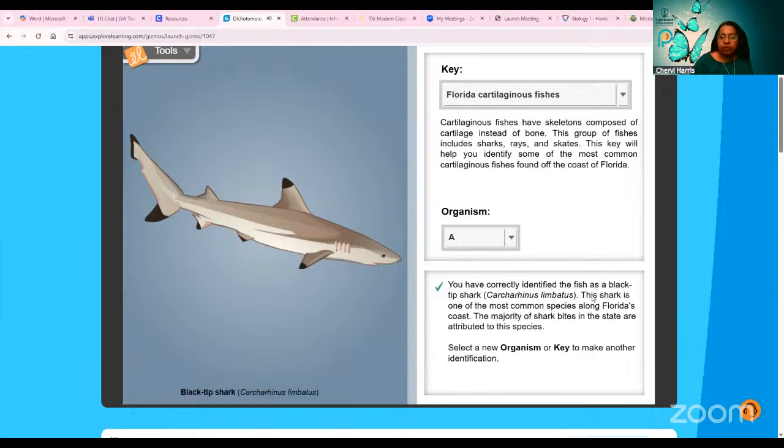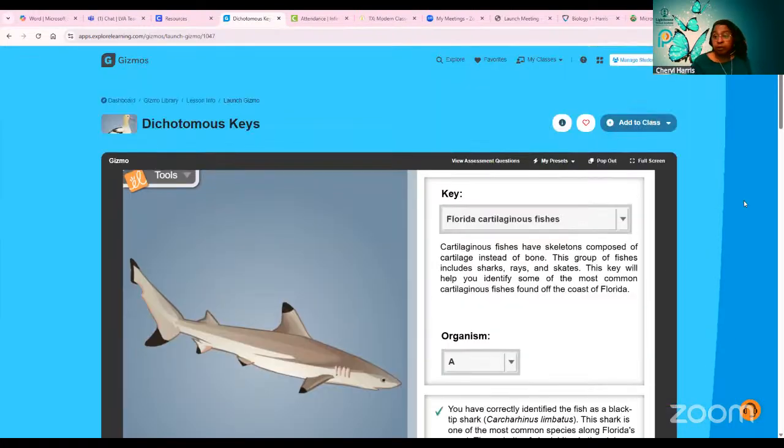Okay, so if you were doing this one on your worksheet, it would have been the dorsal, the line choice A, and then you would have the name of the fish. You're just looking for 2 lines. When you get to part C, you're just looking for the first 2 couplets, and then the 1 line that actually takes you to the name of the fish, or whichever one you're working on.